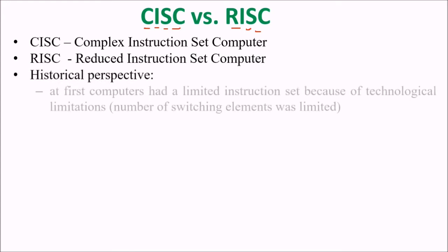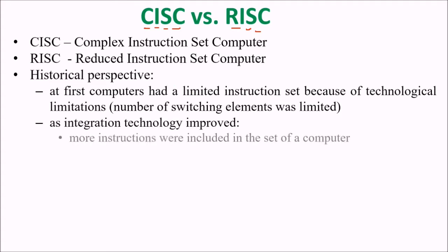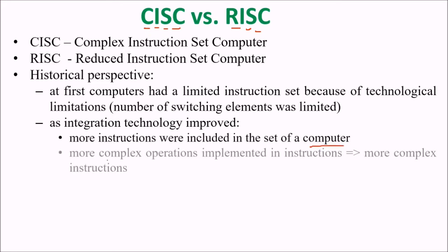Let us have some historical perspective first. At first, the computers had a limited instruction set because the technological limitation was there, and the number of switching elements was actually limited. Then the integration technology improved. More instructions were included in the set of computer, and more complex operations were implemented in the instructions.